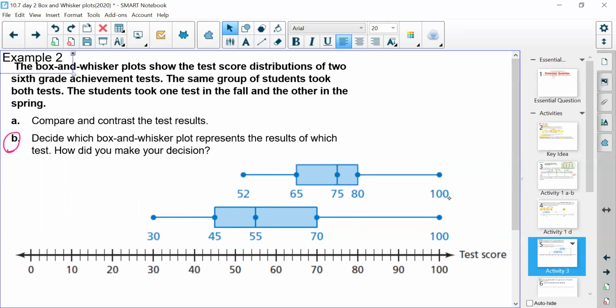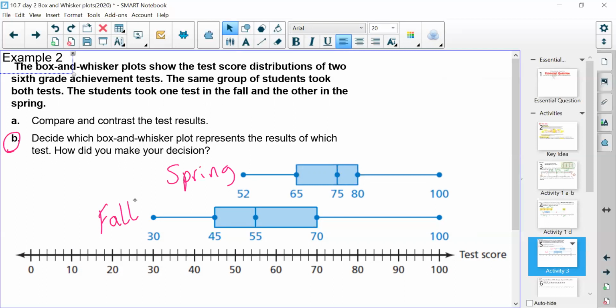In both, I still had this 100, you know, I always get that student that gets that 100%. But if we look, our data looks like we did a little bit better on this top graph. So I'm going to call this the spring, because hopefully it was this student that went from a 30 to a 52. So in the fall, they had a 30, and in the spring, they got better and they got a 52. So that was my decision with that.